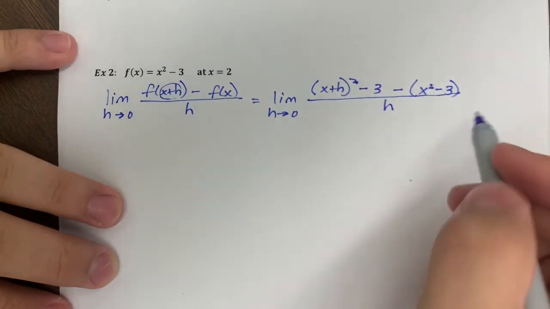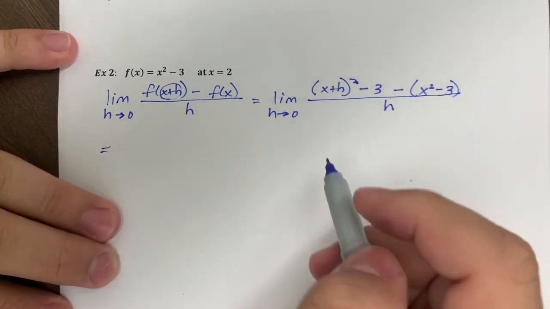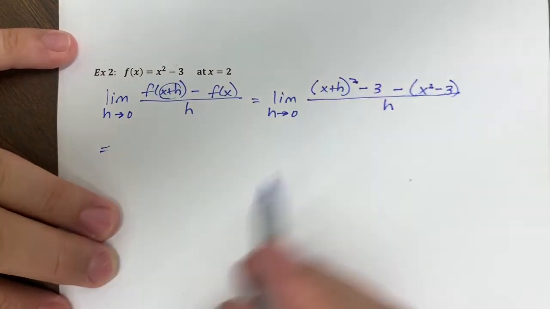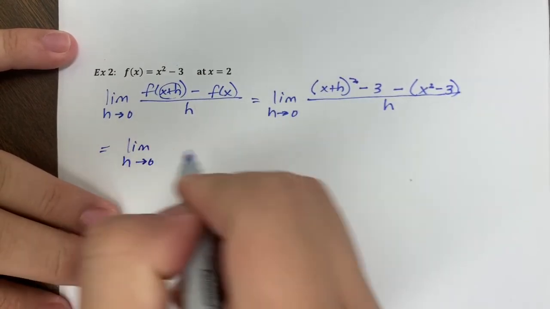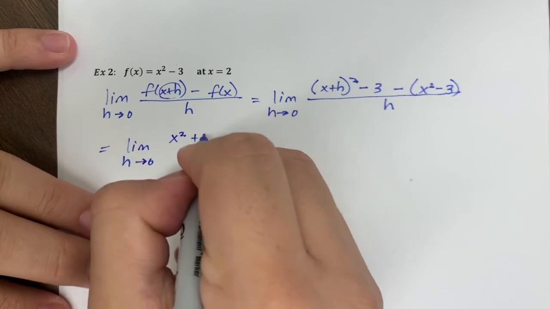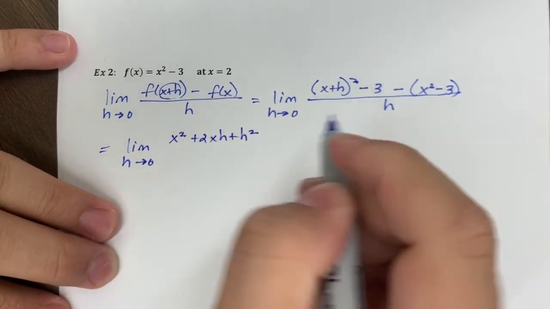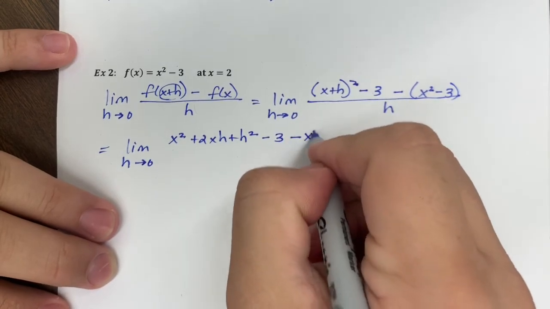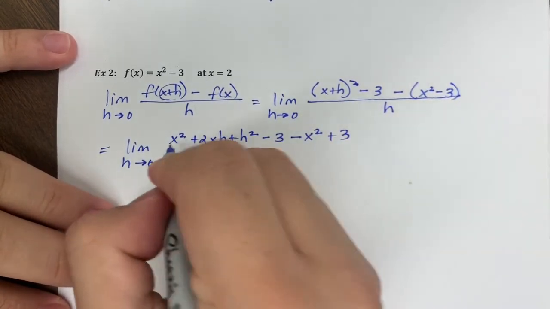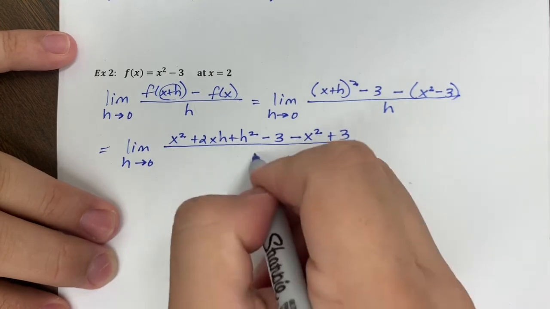It's getting a little sloppy. So this one I kind of remember from up there. It was the limit as h approaches 0 of x squared plus 2xh plus h squared minus 3, and then I distribute the negative to get minus x squared plus 3, all divided by h.